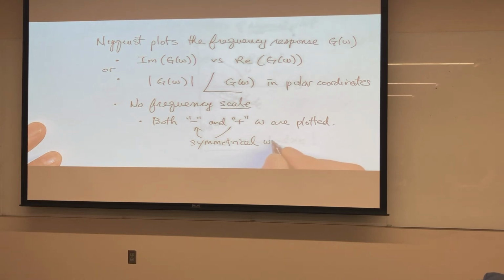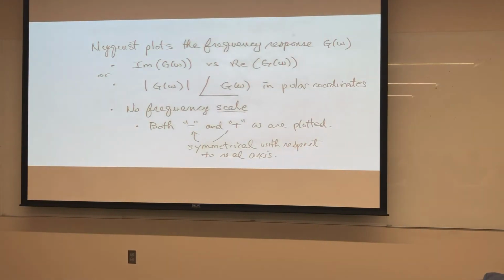This is symmetrical with respect to the real axis. Okay, the Bode diagram doesn't show the negative frequency. It shows you only the positive frequency. But there's really no new information. It just kind of completes the picture. Okay. Let me do a few more examples.